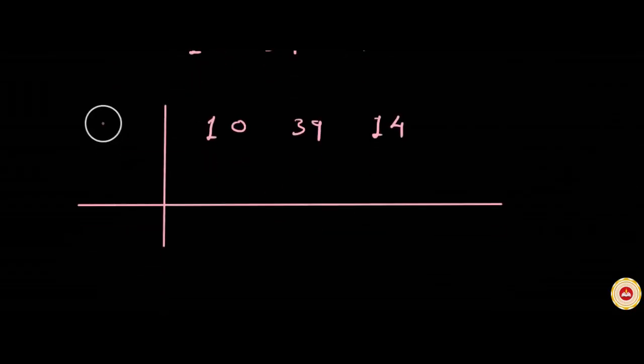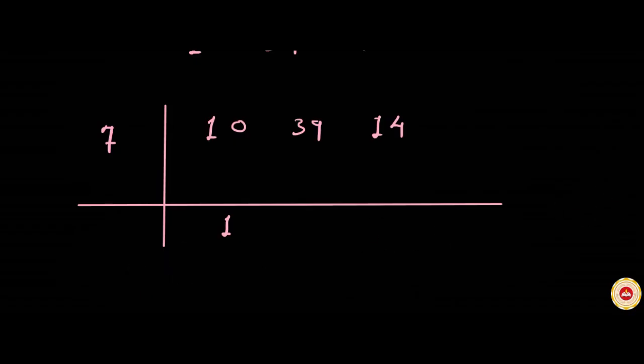Now let us start division. Consider each part as a single digit. So the first part, that means 10, divided by 7 is quotient 1, 7 ones are 7.